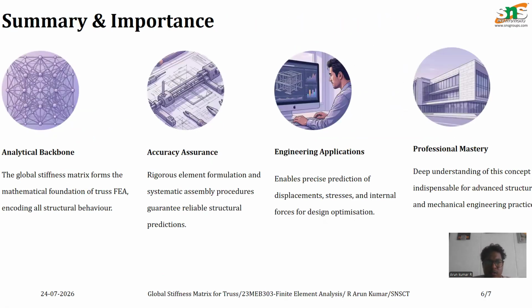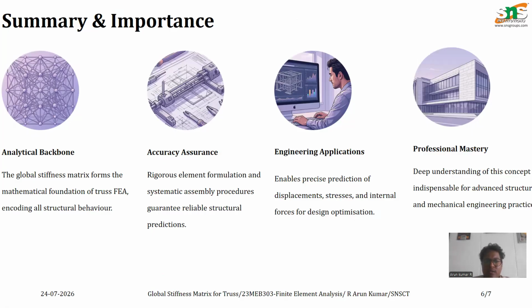The summary of the importance: the analytical backbone, accuracy assurance, engineering applications, and professional mastery. As the analytical backbone, the global stiffness matrix forms the mathematical foundation of truss FEA, encoding all the structural behavior.